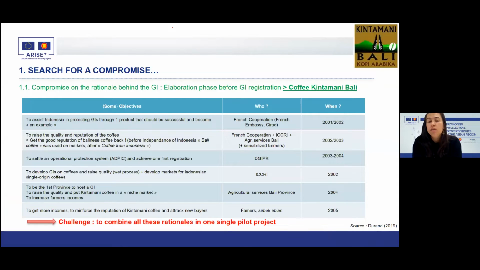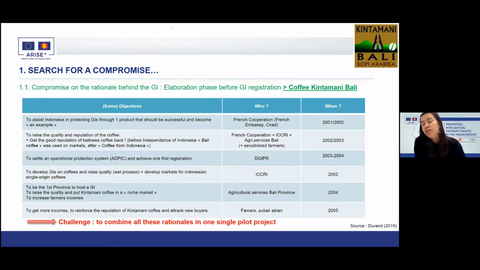So it was the French embassy and the French experts. For these stakeholders, the objective was to assist Indonesia in protecting GIs through a first product that should be successful and become an example.